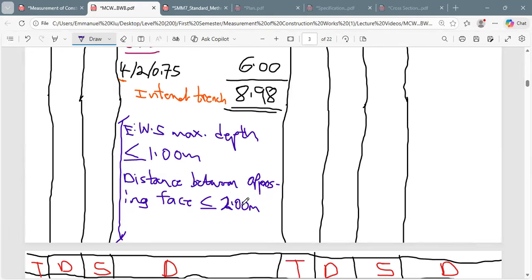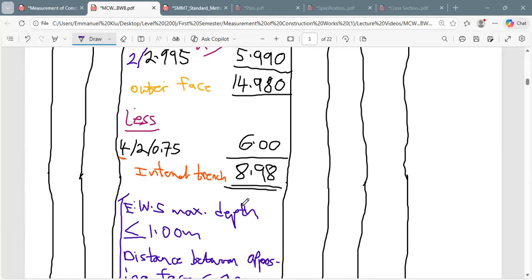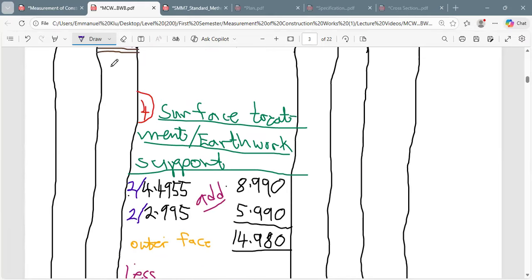Okay, so we are done with the fourth one, that is the earthwork support.